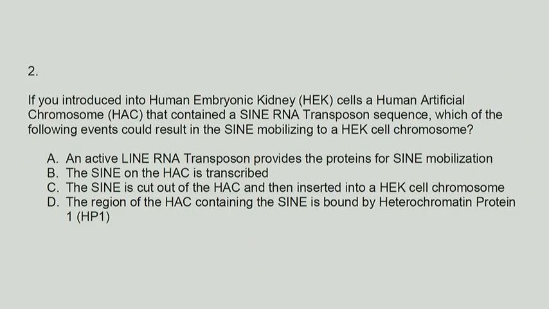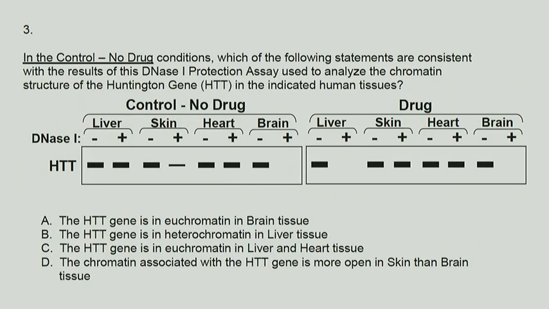Any questions on 2? Okay, now we'll get into an assay, right? So we're looking at a DNase protection assay. Which of the following statements are consistent with the results of this assay to analyze chromatin structure, right? So what are we looking at here? What does the output of the DNase protection assay tell us?